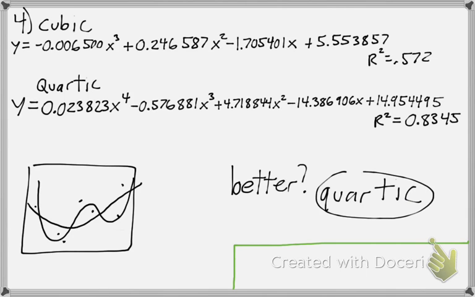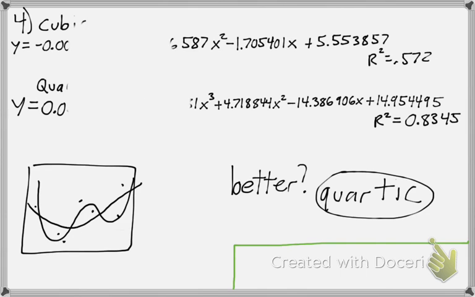One thing I wanted to talk about here is that the quartic function can have at most 3 max and mins, and the cubic can have at most 2 max and mins. So let me actually draw the picture here of what I'm talking about.